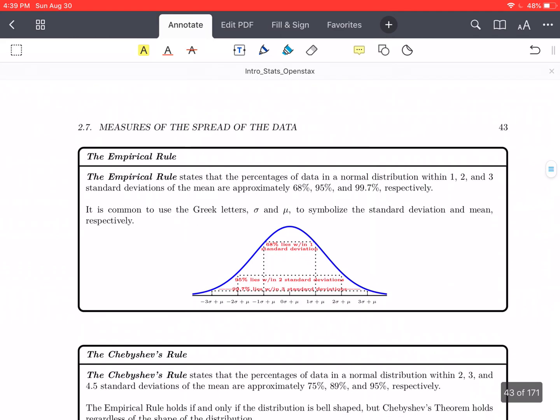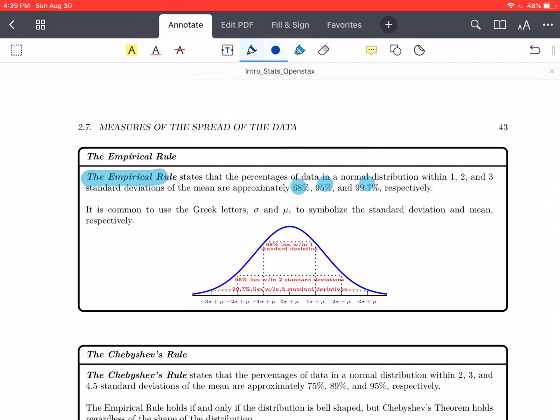And then we come to the empirical rule. The empirical rule is really what helps us understand what the standard deviations tell us. So the empirical rule states that the percentages of data in a normal distribution within 1, 2, and 3 standard deviations of the mean are approximately 68, 95, and 99.7%. So what does that mean?